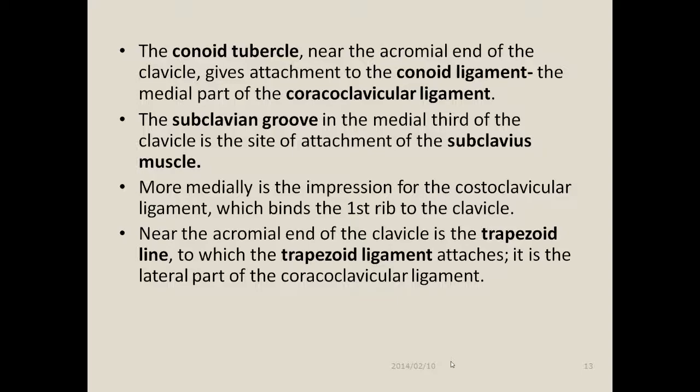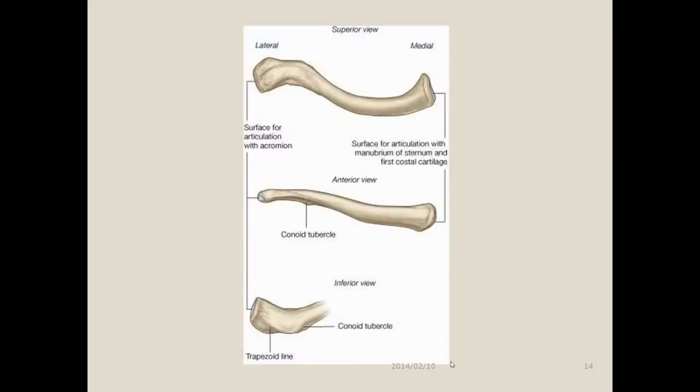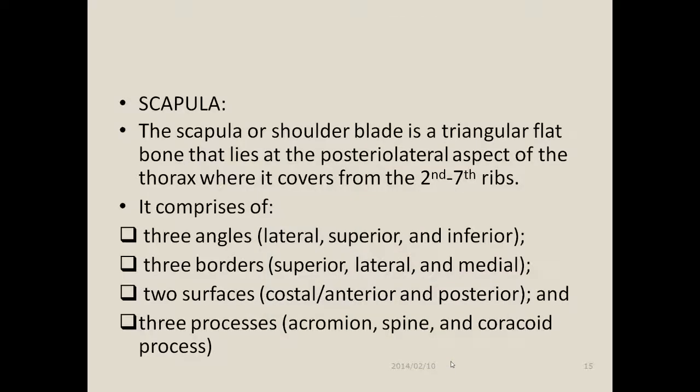Medially there is an impression for the costoclavicular ligament, which binds the first rib to the clavicle. Near the acromial end of the clavicle is the trapezoid line, to which the trapezoid ligament attaches, and it is the lateral part of the coracoclavicular ligament. So we can see here all the parts of the clavicle.